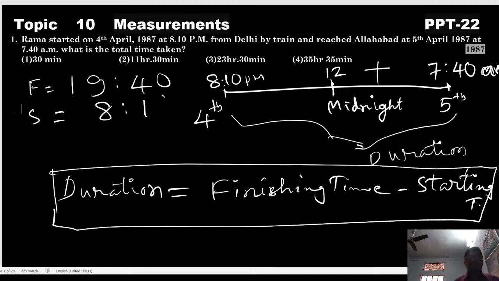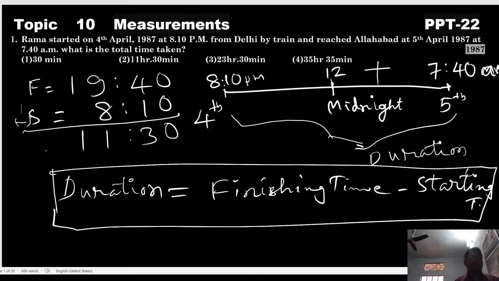Starting time 8:10. So here we have the formula: duration of activity, or total time taken, is equal to finishing time minus starting time. That's why we have to subtract. 0, 3, then 9 minus 8 is 1, 1.